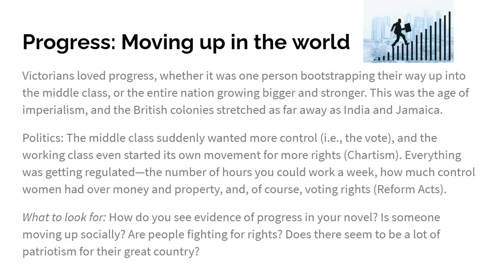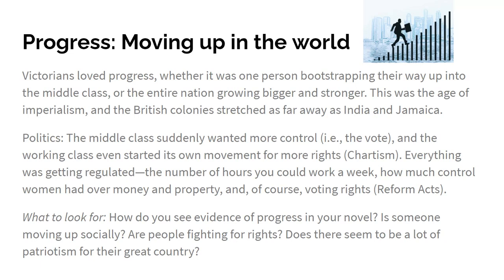Another characteristic of Victorian literature is this idea of progress or moving up in the world. During the Victorian era, the country, England, most of these are set there, was generally very financially well off. And a lot of people believed that that was thanks to their moral goodness and righteousness, that because they were such good people, God had blessed them.